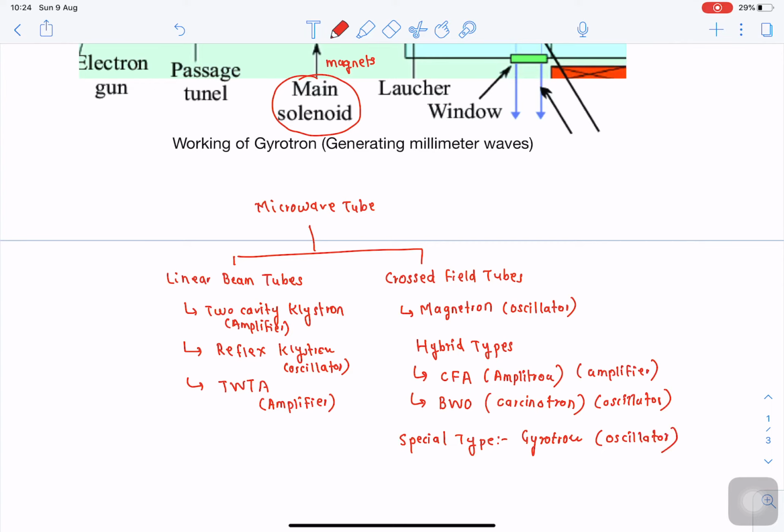So all these tubes act as either an oscillator or an amplifier for the given microwave signal. They either generate a microwave signal at a very high frequency or amplify it. The backward wave oscillator and gyrotrons are utilized to produce millimeter waves.